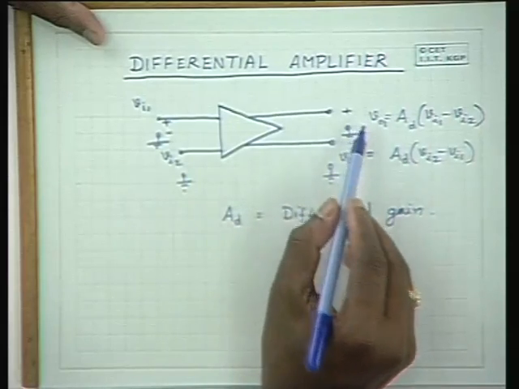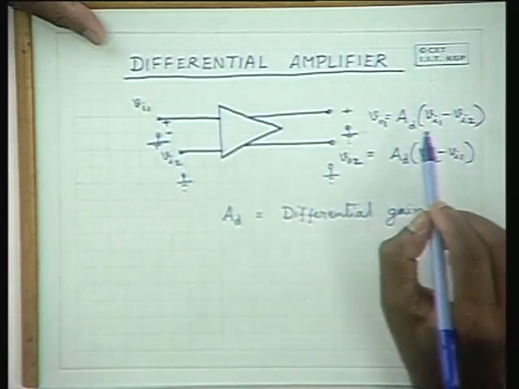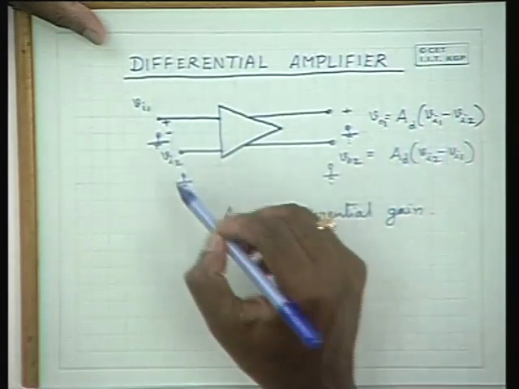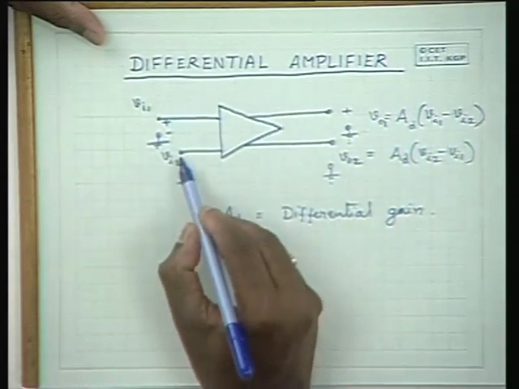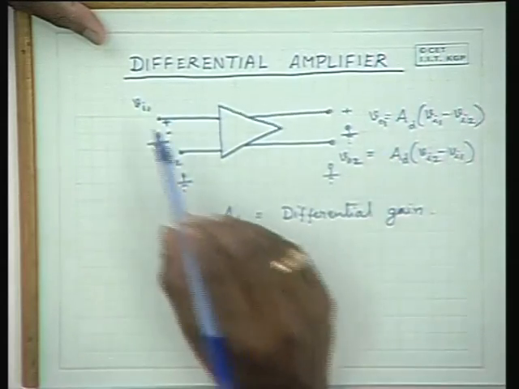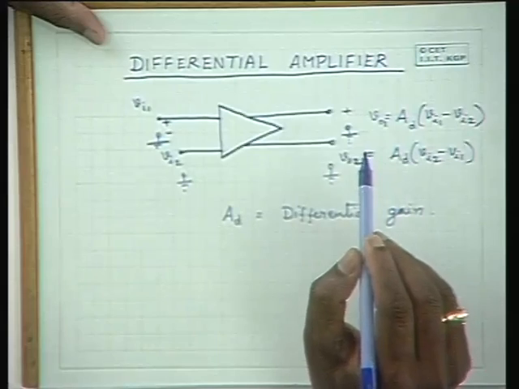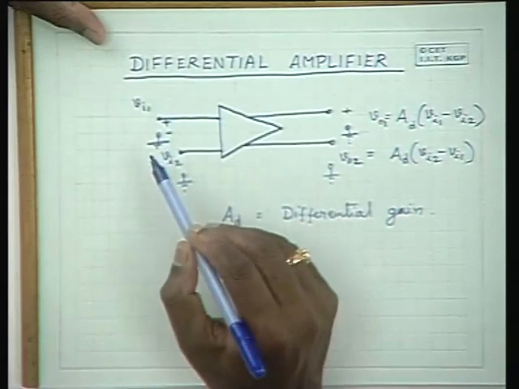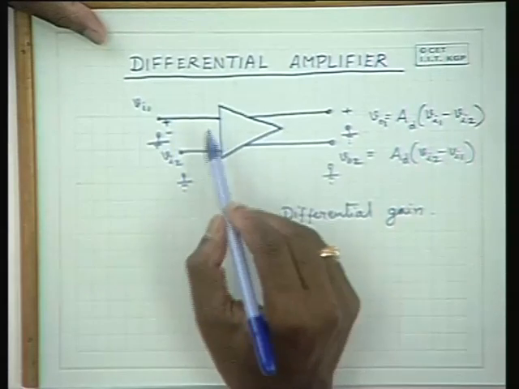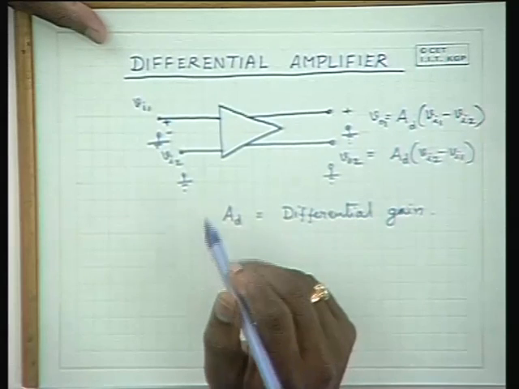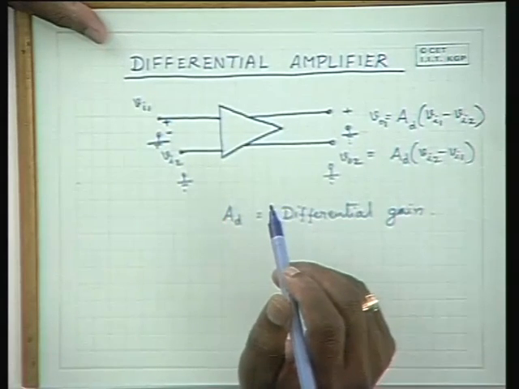The output signal is an amplified version of Vi1 itself, because the difference is equal to Vi1 when Vi2 is 0 or grounded. Therefore, this is known as single-ended operation, where you apply only one signal and the other terminal is grounded.